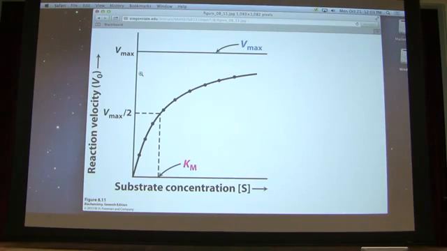Now, one of the big misconceptions I find that students have when I talk to them about that is they think that Km equals Vmax over 2. Now, I find this rather baffling because this graph says here's Km and here's Vmax over 2. Right? Now, those 2 points are not the same thing. All right? This is a velocity. This is a substrate concentration.